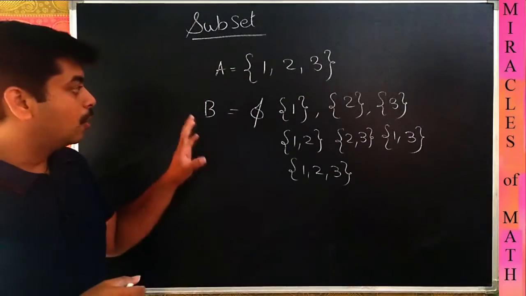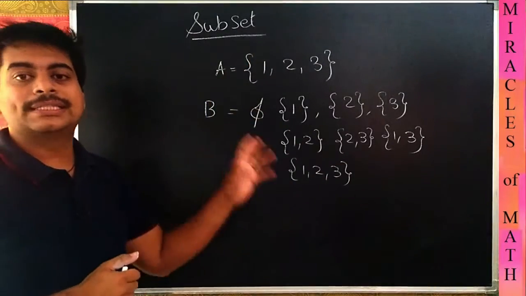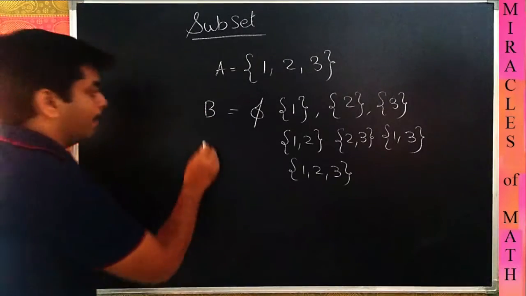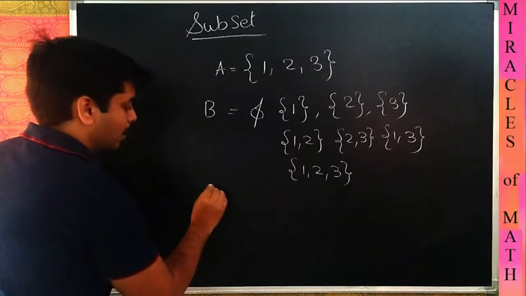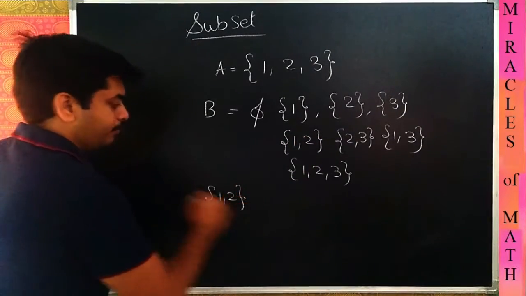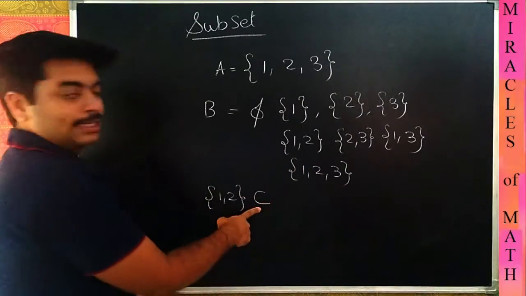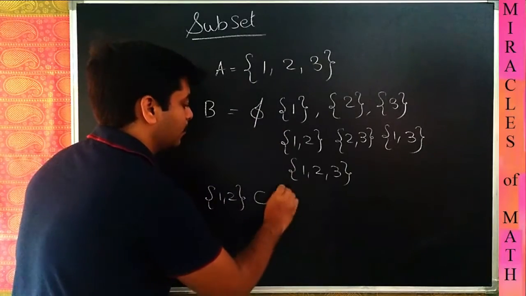Yes or no? So all these are subsets of A. So you can say like this: if you take {1, 2}, it is a subset of A, and subset we represent with this symbol. A means {1, 2, 3}.